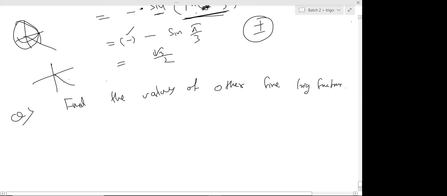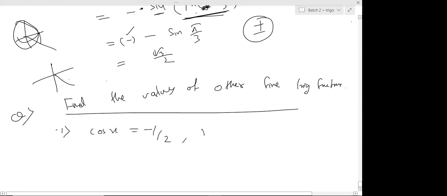You have to find all the trigonometric function values. One value is given. They have given you cos x is equal to minus half, and x lies in the third quadrant. All right, this value is given. You have to find all other values, sin x, tan x, and so on.